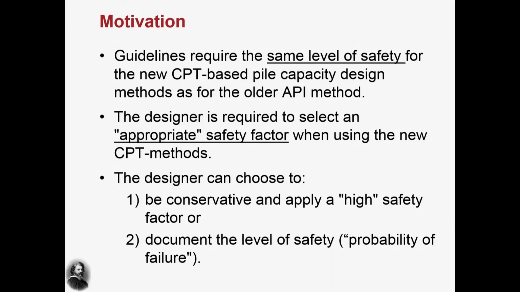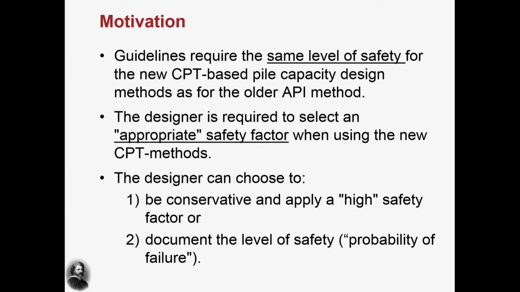The guidelines today require, as they call it in the standard, the same level of safety for the newer design methods, which we think are more reliable, which are based on the cone penetration test, the CPT, as for the older American Petroleum Institute method.